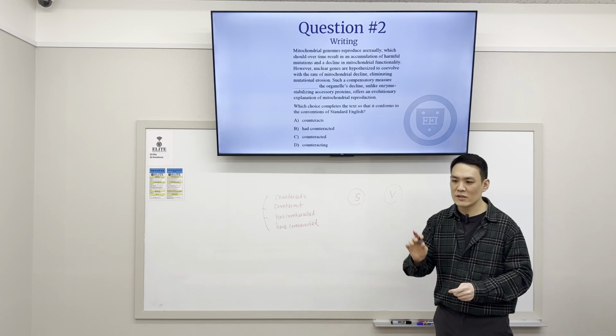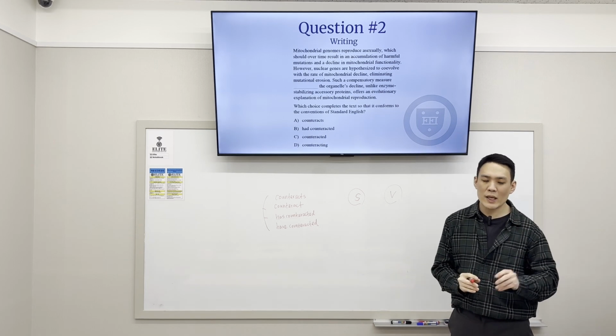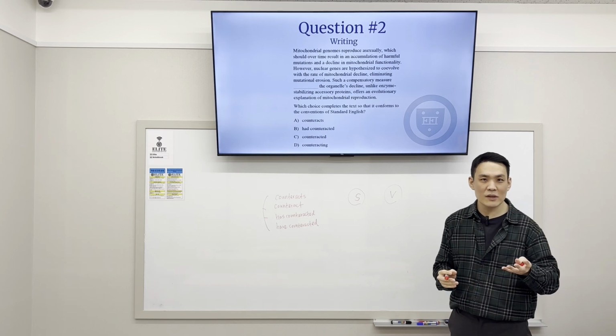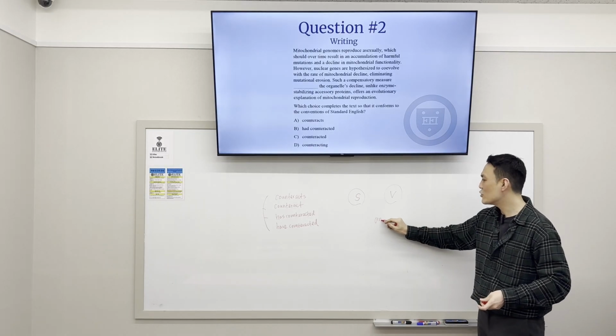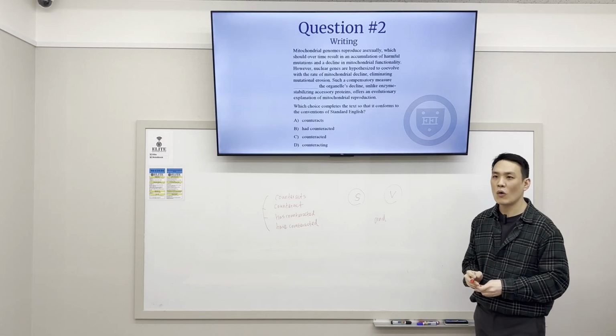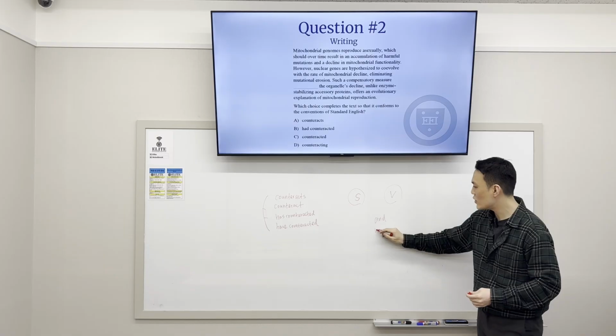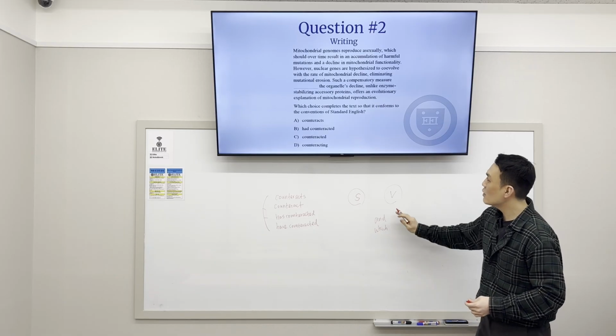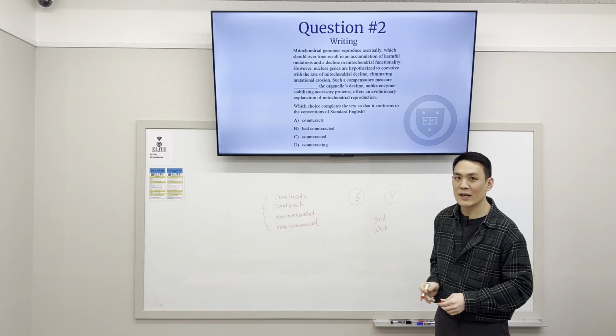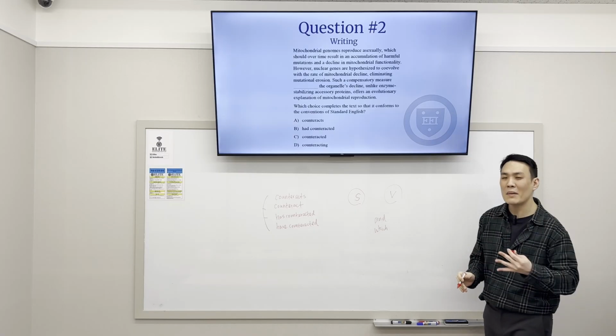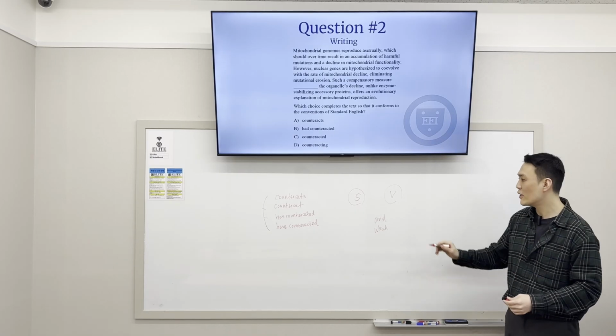If a sentence has a subject and a verb, we cannot have another verb unless we have a conjunction like the word and, or a relative pronoun such as which. And since we don't see that in the text, we must have a modifier or a participle phrase.